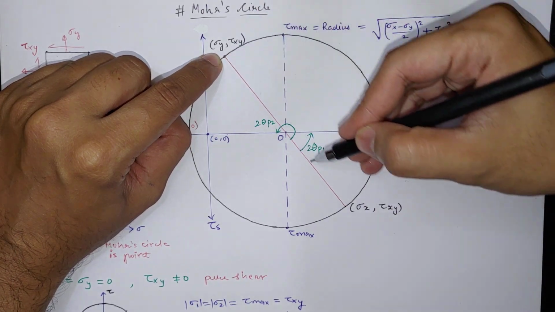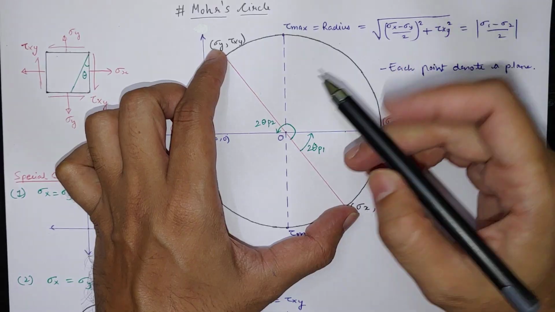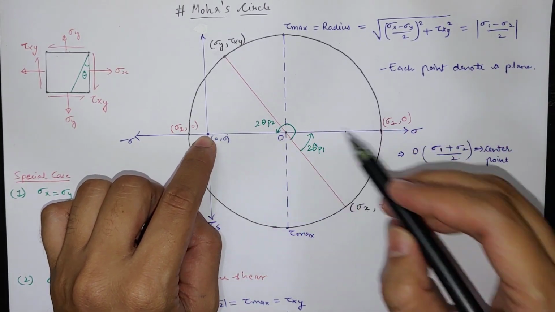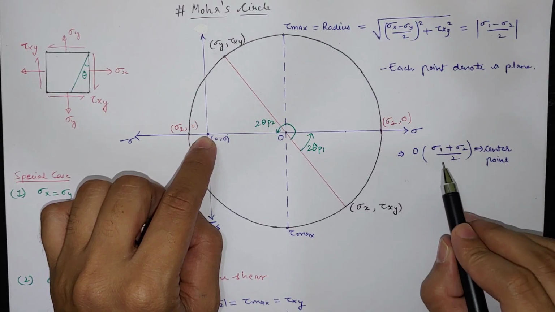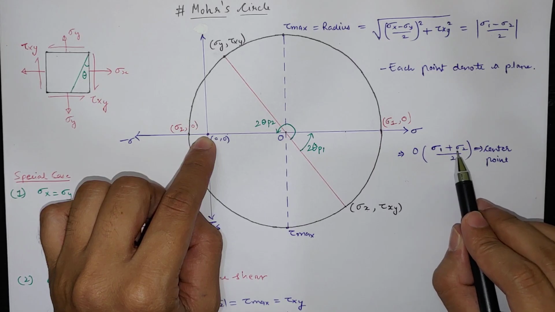Now we have to connect it, and on this line we have to find the center point, or we can find the center point from this 0 0 by sigma 1 plus sigma 2 divided by 2. But here we don't know sigma 1 and sigma 2.